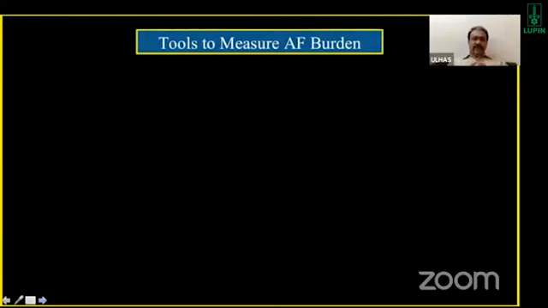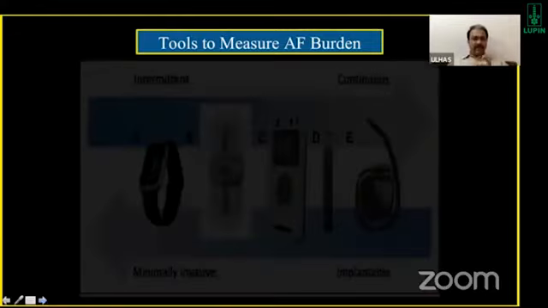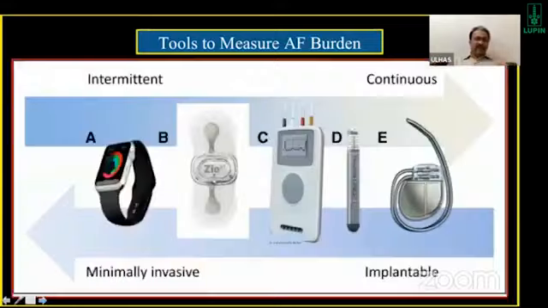About the tools which we generally use to measure the AF burden, there are many. Apart from physically checking the pulse for its irregularity and rate, one can have some wearable devices, either just a strap or a smartwatch, which could give at the most the rate and the rhythm. But some of the smartwatches can give one-lead information in real time, and it is fairly okay to figure out whether the patient has atrial fibrillation or not.